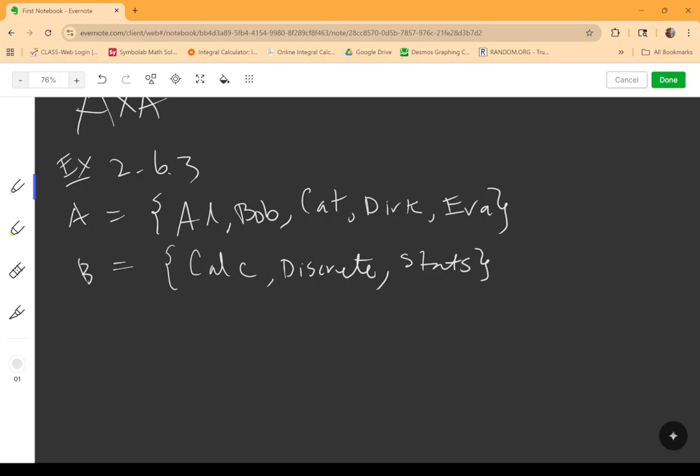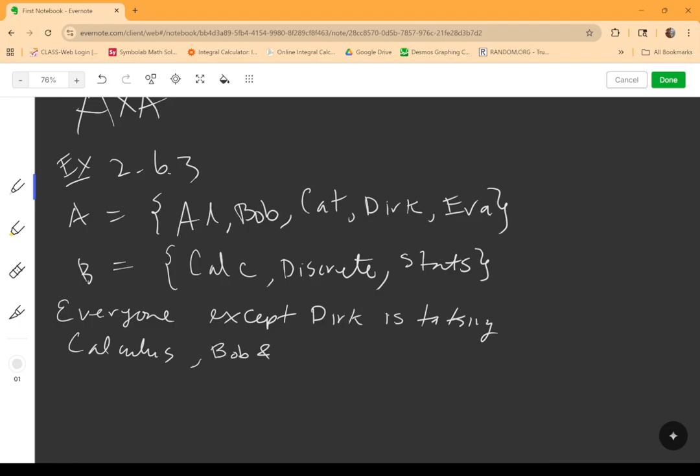We are told that everyone except Dirk is taking calculus. Then Bob and Eva are in discrete.